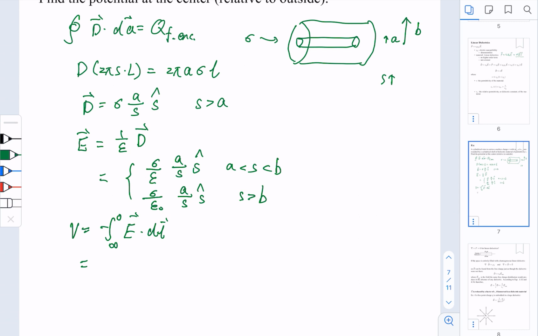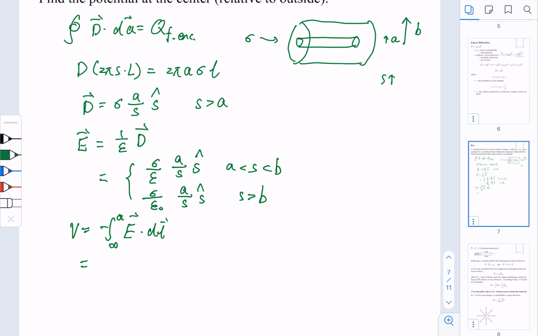Now if we try to integrate this, we actually see that we don't need to integrate up to 0. We only need to integrate up to a, because inside a it's a conductor, and the conductor is an equipotential surface.